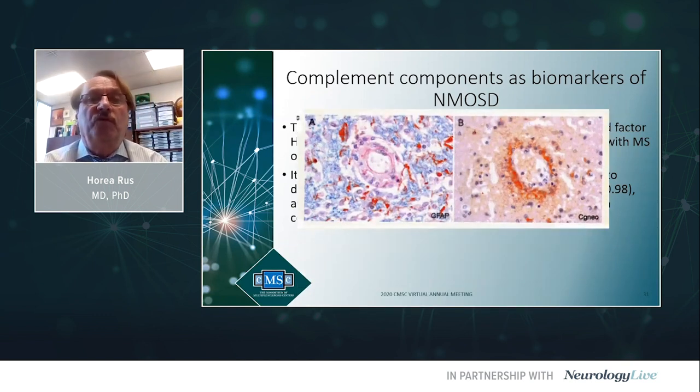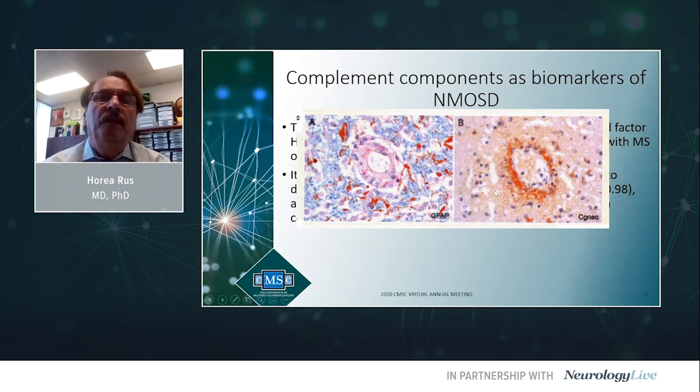I'm sharing some information from pathology in NMOSD. This is a case of neuromyelitis optica. In B, you see perivascular deposition of C5b-9 neoantigens, which some people like to call C9 neo. These are the red-brownish deposits around the blood vessels, which is in the middle here.